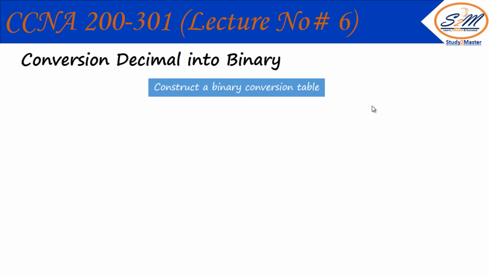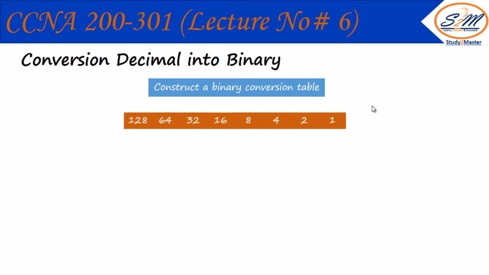Conversion of decimal into binary: the process of how to convert a decimal number into a binary number. I will construct a binary conversion table for you, so it is very easy to change from decimal to binary, or from binary to decimal. The process is really easy.